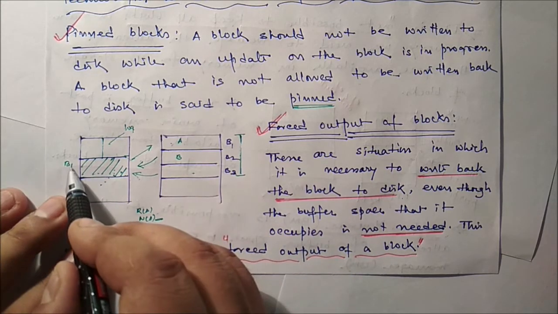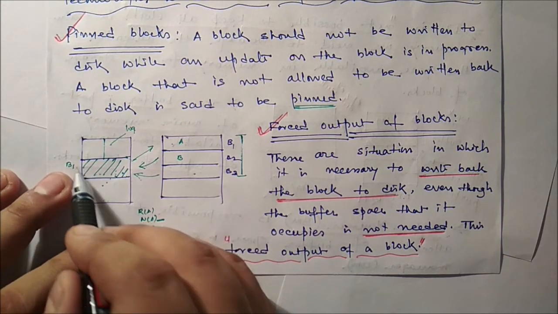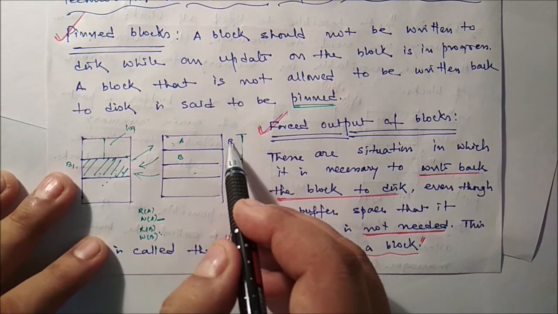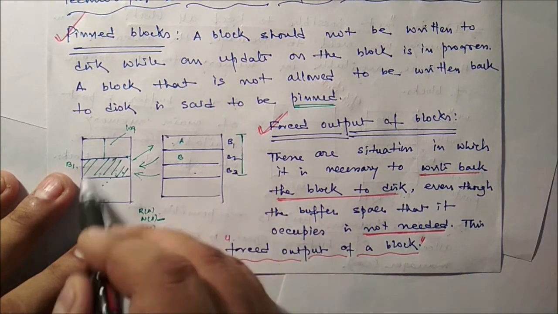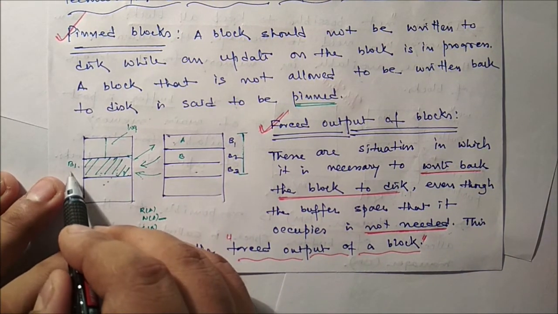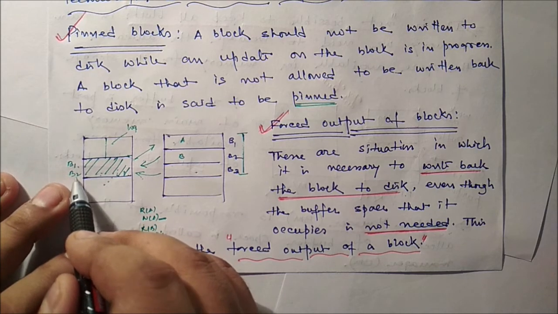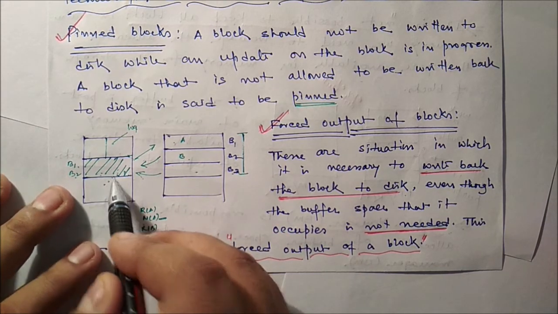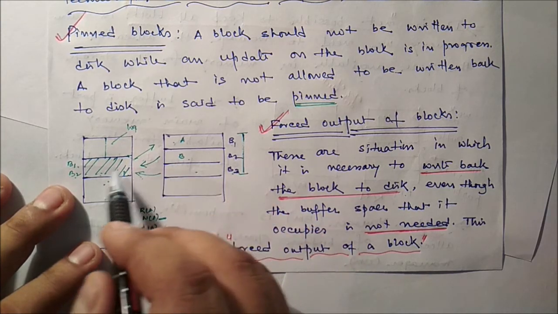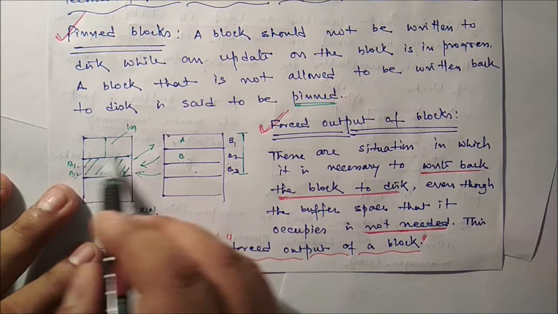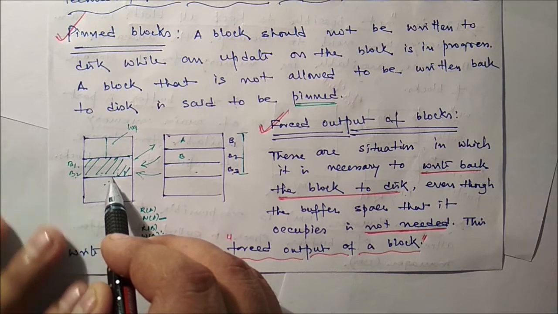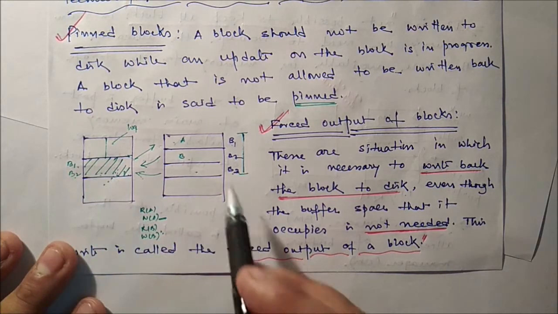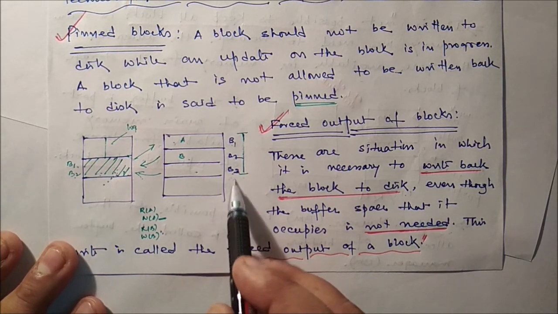So see, here we have to transfer B1 from RAM to secondary memory because B2 needs that space. We have to transfer B2 from RAM to disk because B3 needs this particular place. But since it is complete, it is not required to vacate this particular place, because after that there is no transfer.